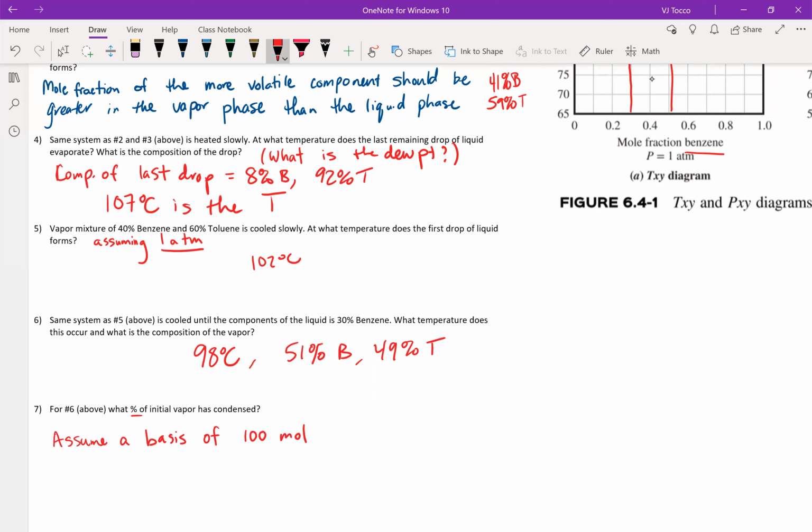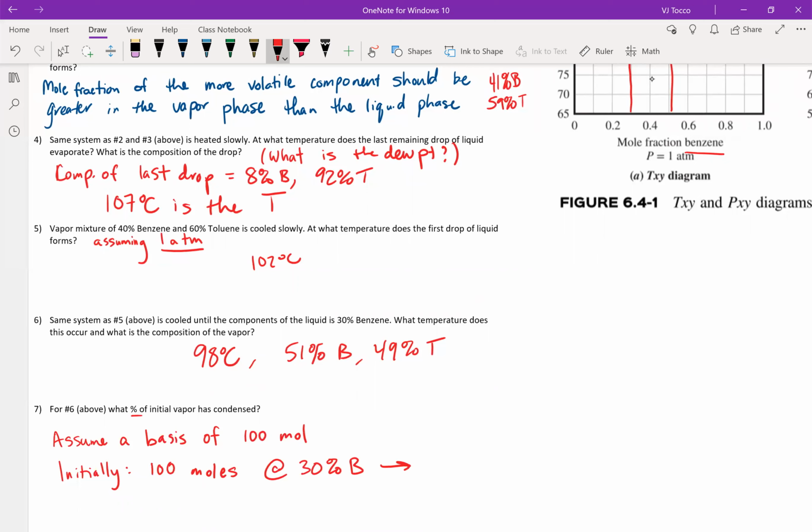And my material balances now are going to be of the form final is equal to initial rather than in is equal to out. So initially, what I have is 100 moles at 30% benzene and 70% toluene.